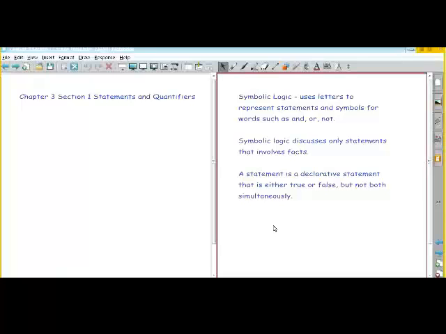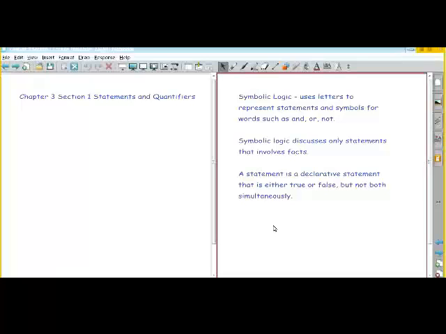A statement in logic is a declarative statement in English that is either true or false, but not both simultaneously. So I use the example, you can be alive or you can be not alive. You cannot be half alive.